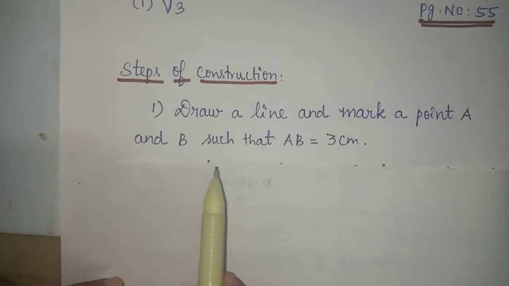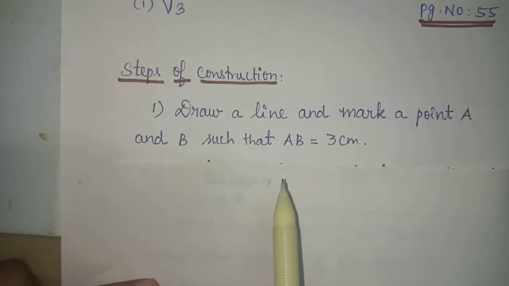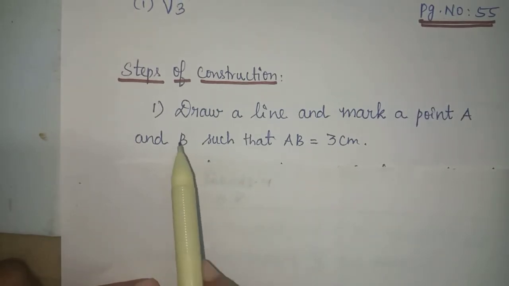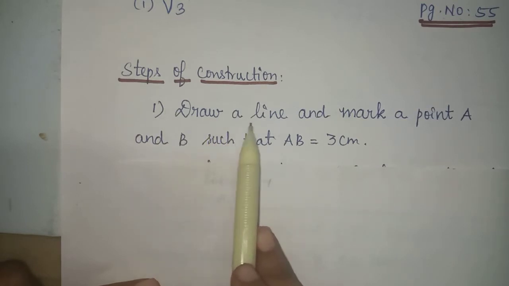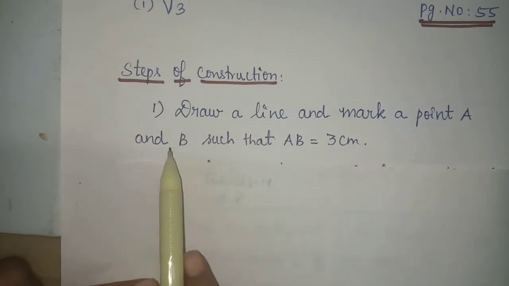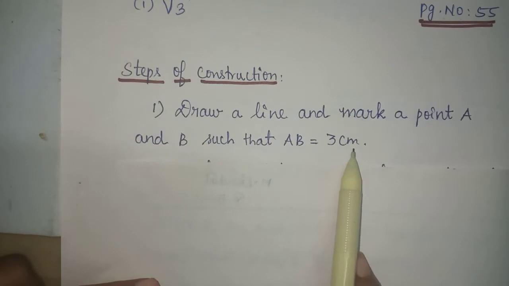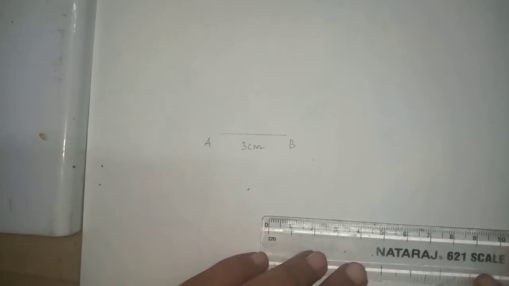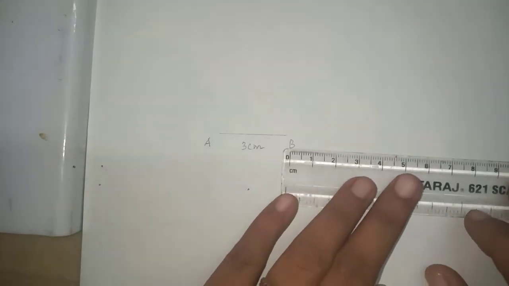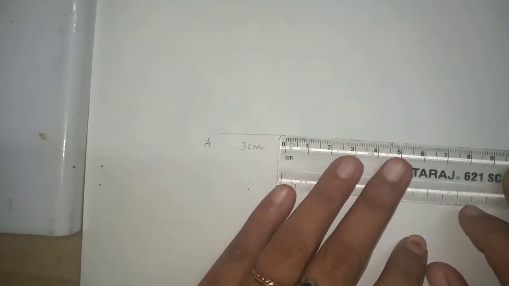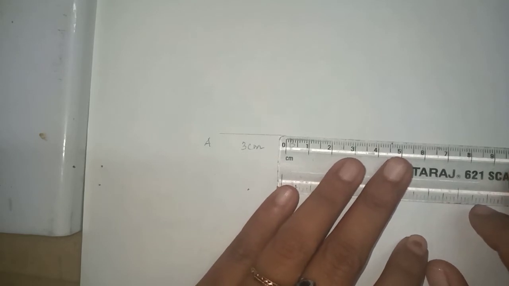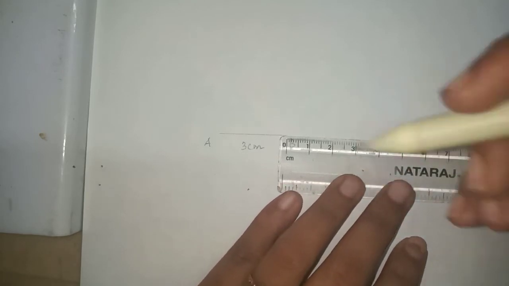Side by side, if we see the step construction, it is very easy for your better understanding. So step 1, what we do is you draw a line and mark a point AB such that AB is equal to 3 centimeter. Then the next step is you have to extend a line of 1 centimeter from B to C. So here from B you just extend 1 centimeter.